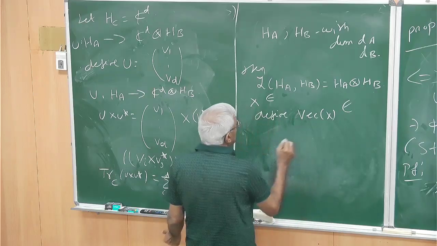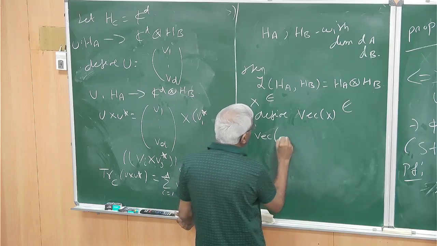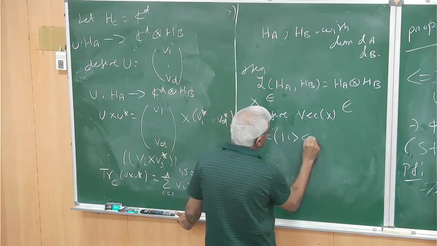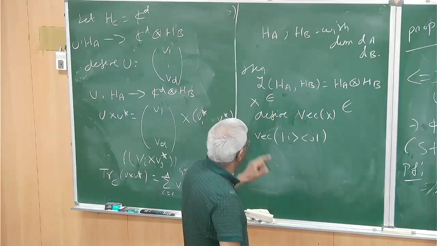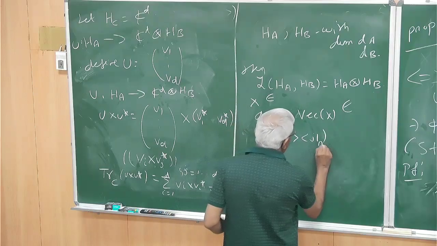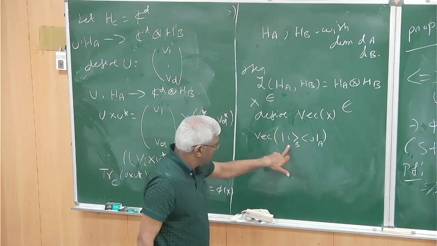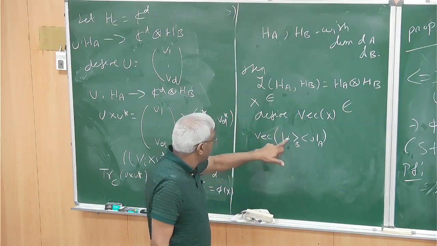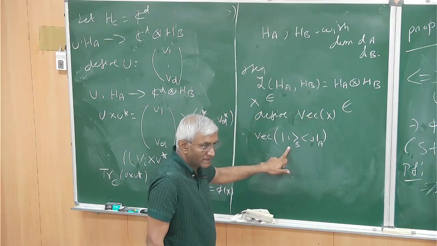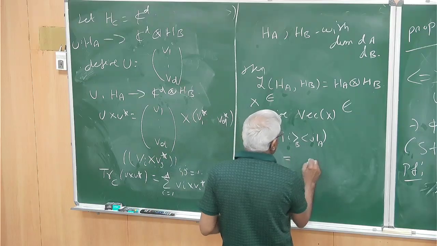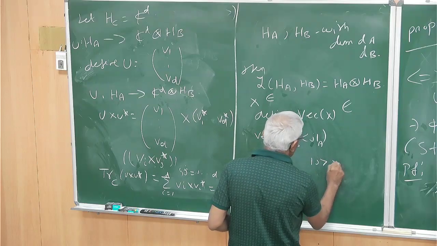So here the map is the following, such that vec of the matrix unit |i><j|, where this is from HA to HB, so this should be in A and this should be in B, is equal to you just have to write it as |j> tensor |i>.